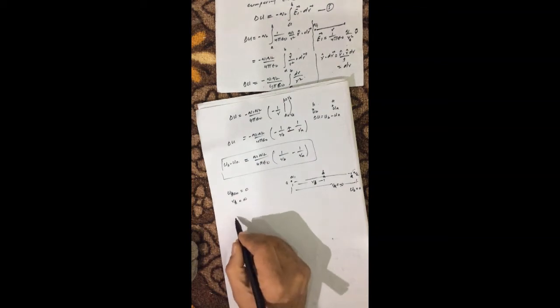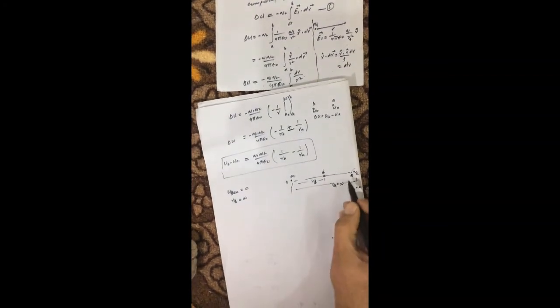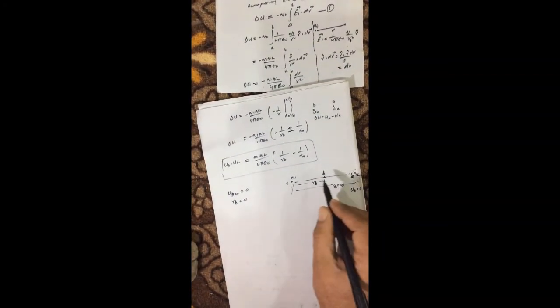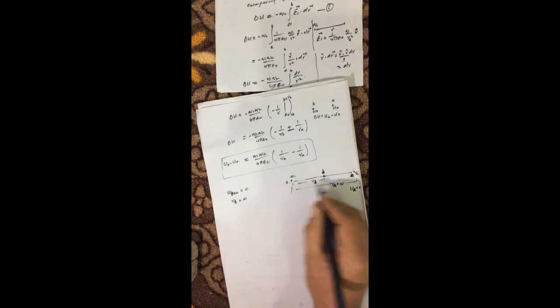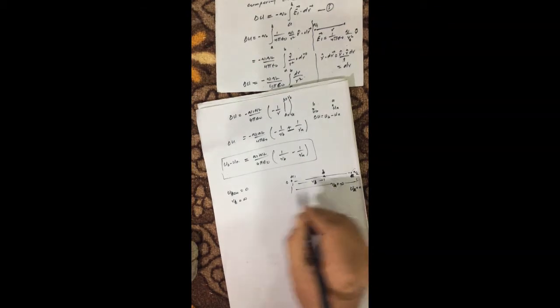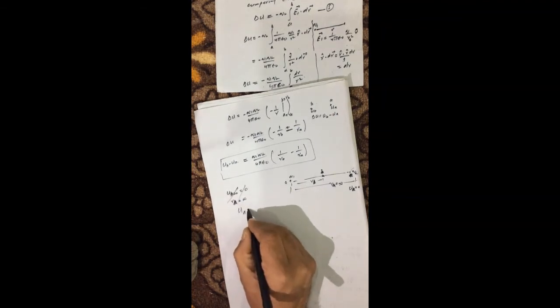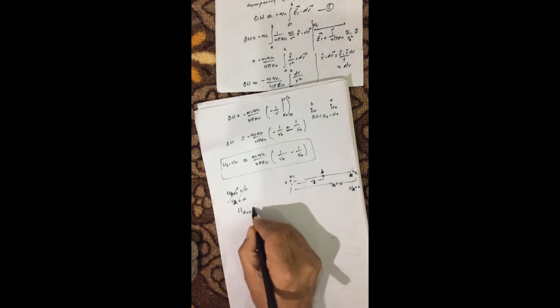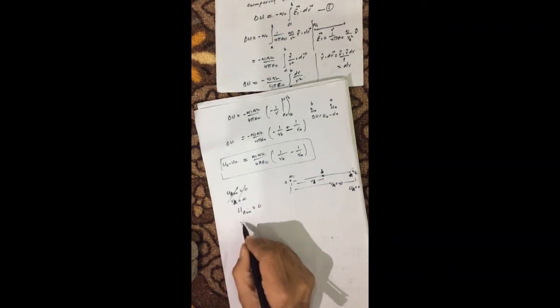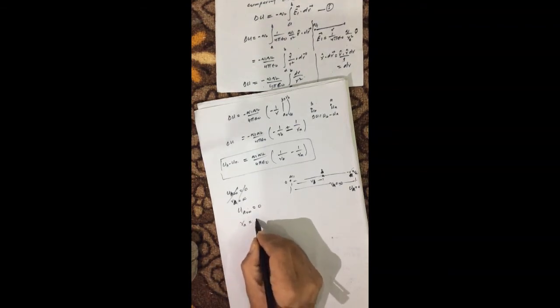Putting this value in the above equation, we are moving from A to B. Yes, this is point A and this is point B. Point A is at infinity, and the distance from point charge Q1 to Q2 at point A is infinite. So UA, which is at infinity, is equal to 0, and RA is at infinite distance from the charge Q1.